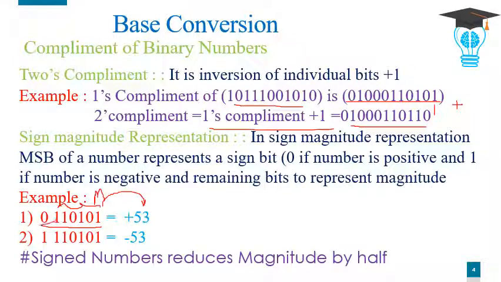Since the first MSB bit is 0, it represents plus. Here, instead of 0, in the second number, it is 1, so it is a negative number. This represents magnitude of the number, which is same as previous. Its decimal equivalent is 53.